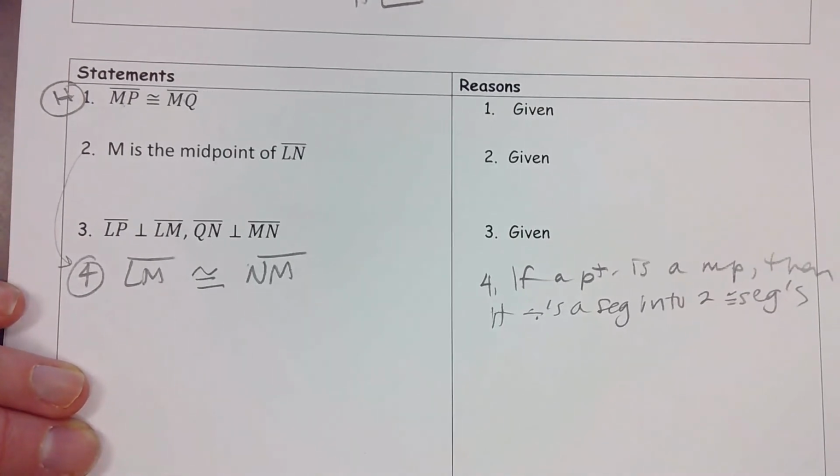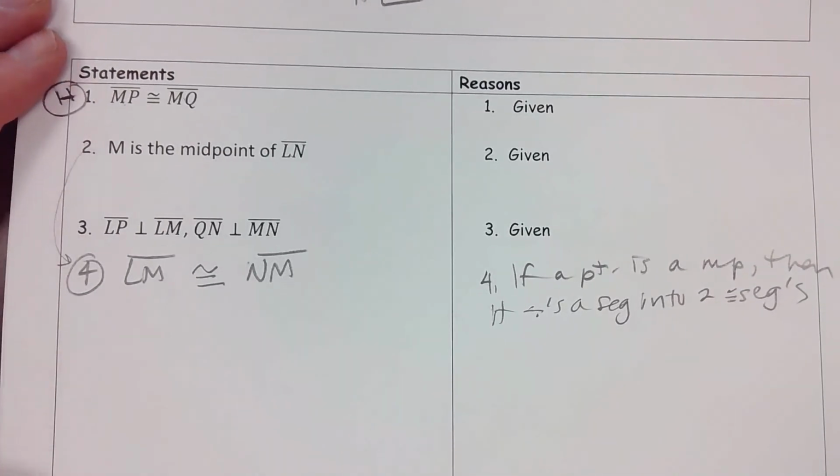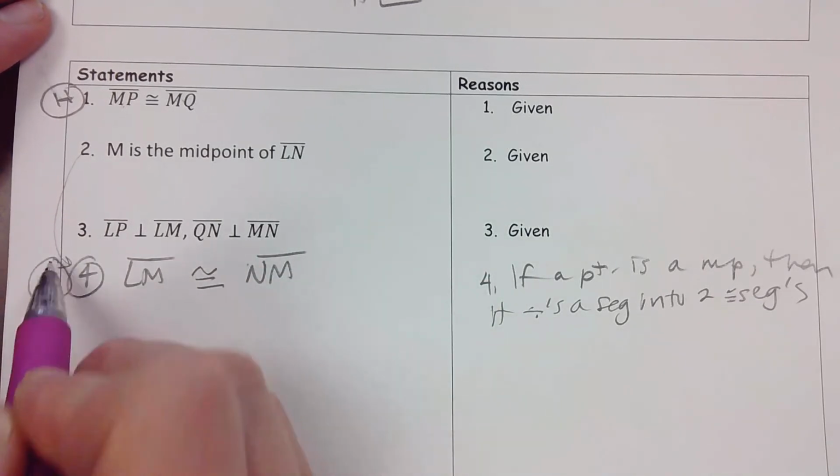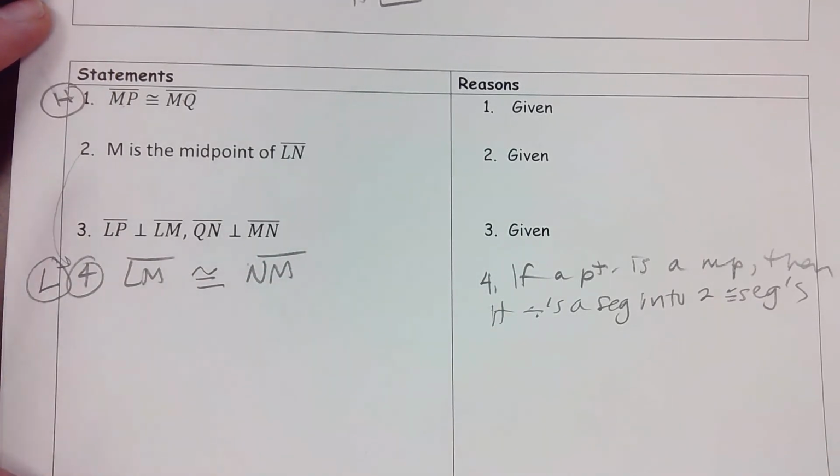All right, if a point is a midpoint, then it divides the segment into two congruent segments. All right, so this is a leg. So we have the hypotenuses, we have the legs, right? It seems like we're ready to say HL.